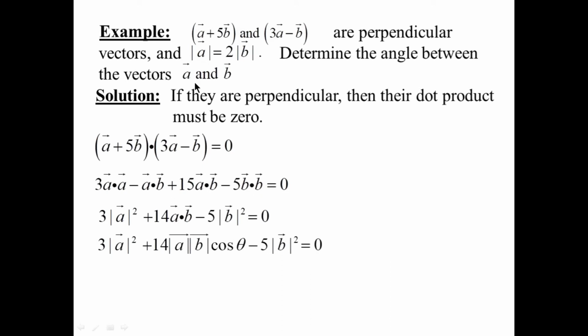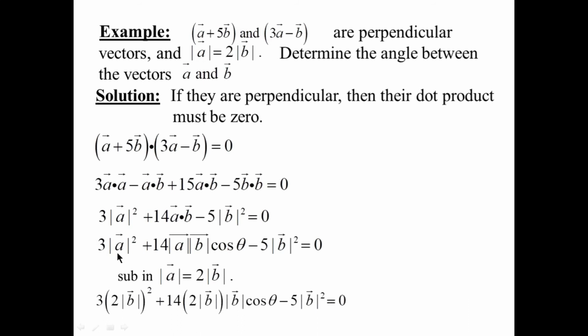And we're also given that the length of a is 2 times the length of b, so every time I see a length of a, I'm going to write it as 2 times the length of b. And so this will be 2 times length of b squared. That right there, that length of a is 2 times length of b, and everything else is the same.